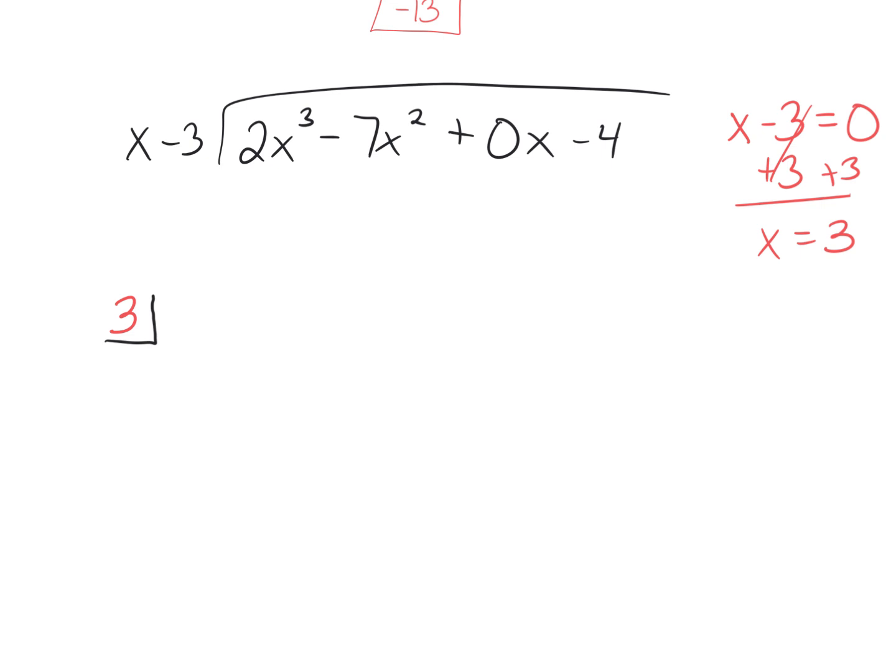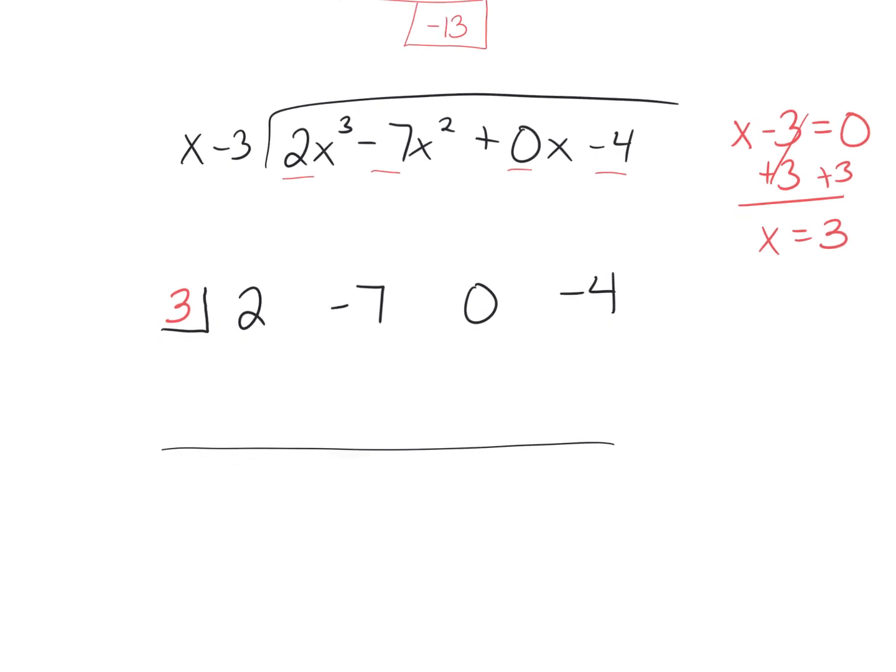With synthetic division, the only other thing we care about are these numbers provided. So in there, I'm going to put 2, negative 7, 0, and negative 4. I took each number and put it across the board next to my 0. Now we can start our synthetic division.